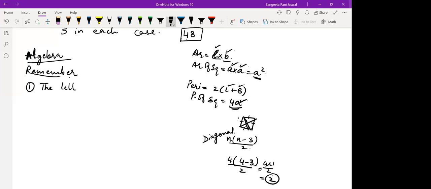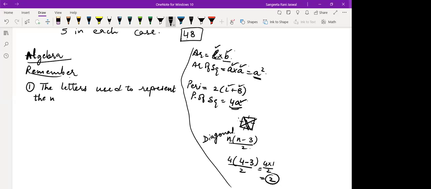The letters used to represent the numbers are variables.